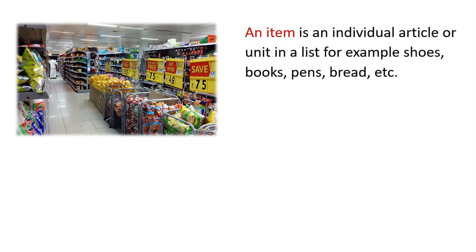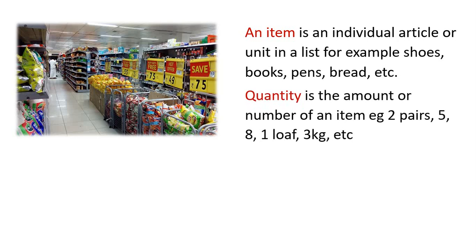Then you have what we call quantity. Quantity is the amount of something or the number of an item, e.g., 2 pairs, 2 books, maybe a loaf of bread, 3 kilograms of something, etc.